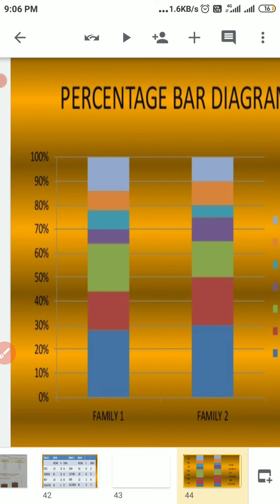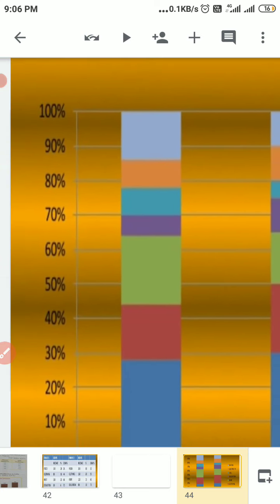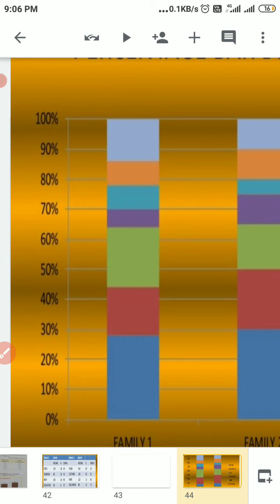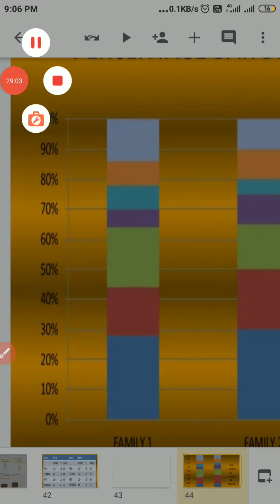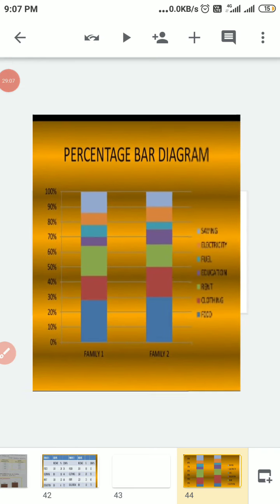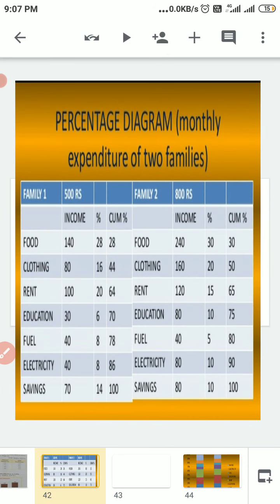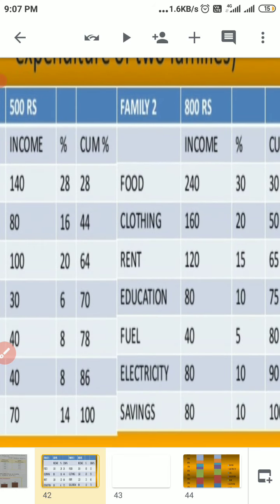One thing you should keep in mind is that every bar should come equal to 100, because you can see in our calculation the total of the percentage will come equal to 100. Percentage means it should come equal to 100.